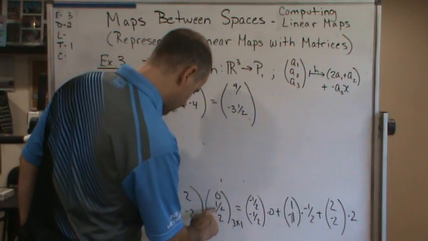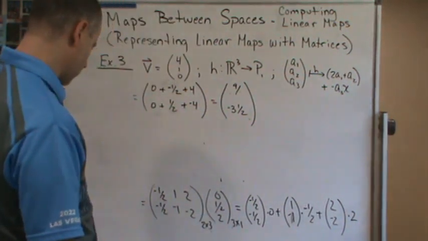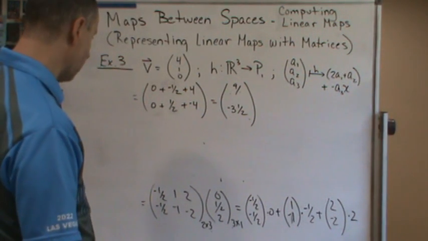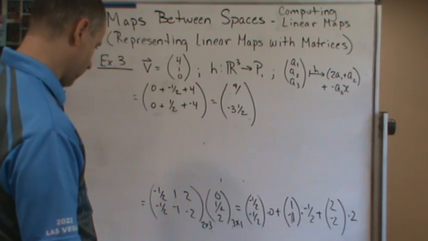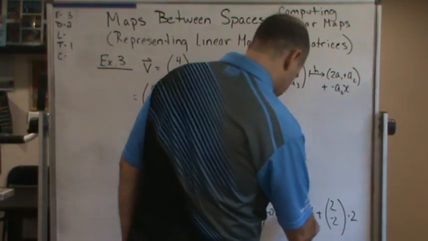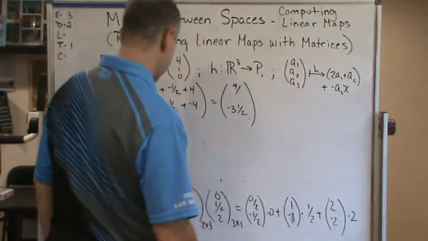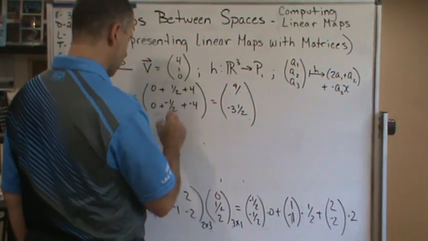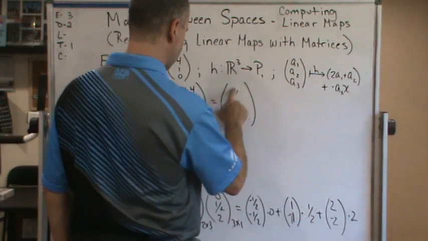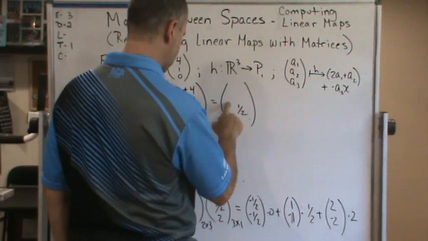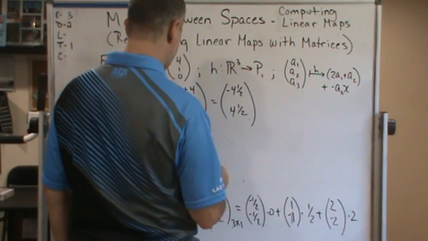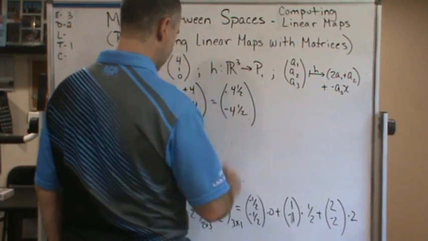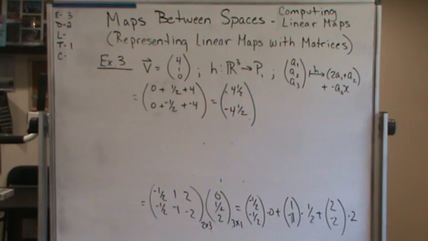Oh, this is just positive 1/2. I'm sorry. Yeah, this is positive 1/2. Oh, okay, so this is positive and this is negative. Oh, okay, so this will be 4.5, negative 4.5. There we go. That's what we should get.